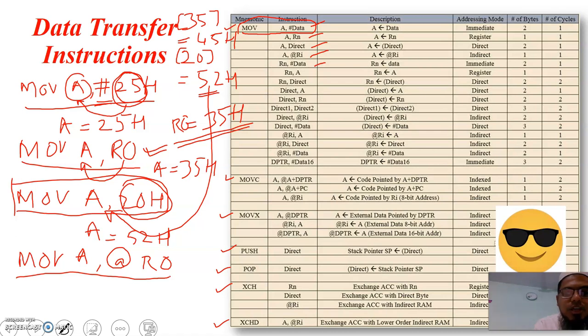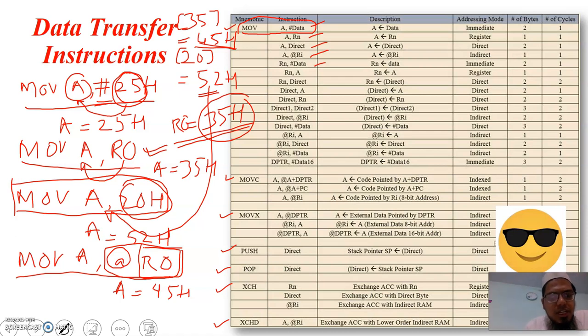So in R0 we have got 35, and in memory location 35 we have got value 45. So after this instruction, A will be having the value 45. Okay, so basically R0 is acting as a pointer to the memory location of the number stored. So these are the various forms of move instruction.